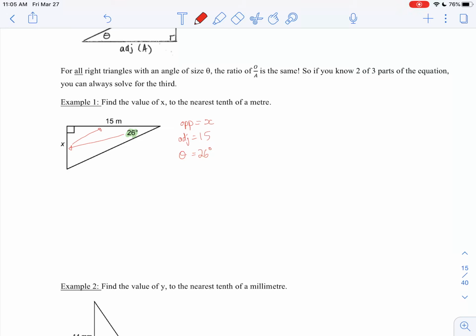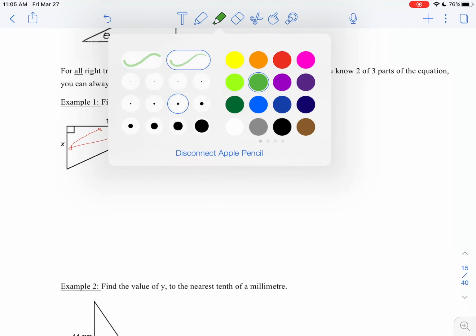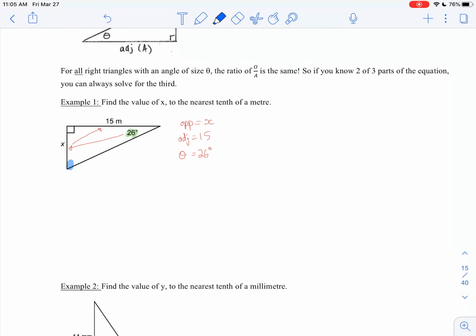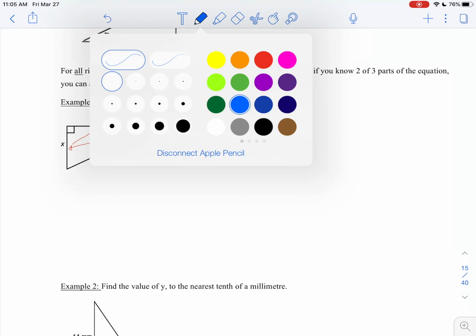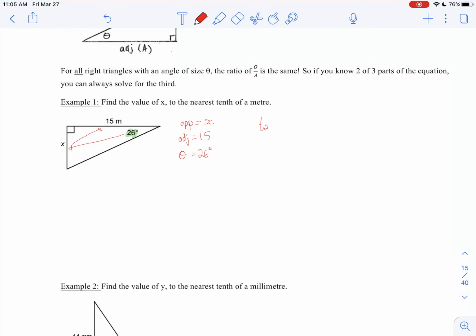If I happen to be looking at this angle down here in the bottom, then all of a sudden my opposite would be 15 and my adjacent would be x. So opposite and adjacent depend on what angle you're looking at. If we take a look at this angle right here, I know that tan of any angle theta is equal to op over adj, adjacent.